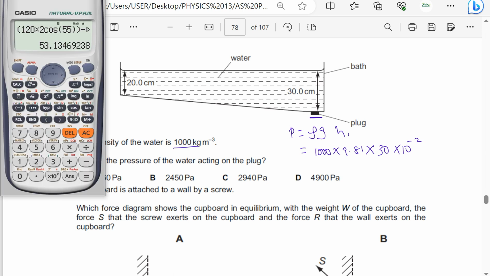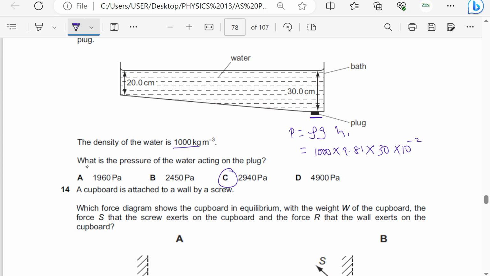So this is 1000 times 9.81 times 30 times 10 exponent minus 2. So that is 2943, which is about 2940. So the answer is going to be C automatically. So just take the depth above the plug.